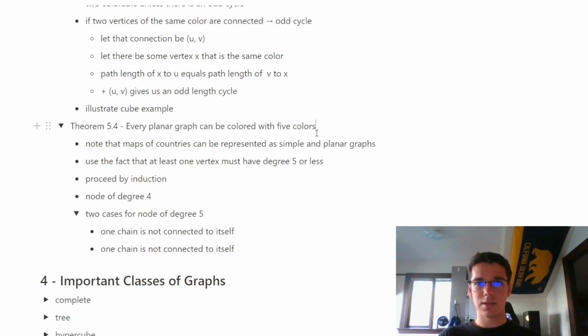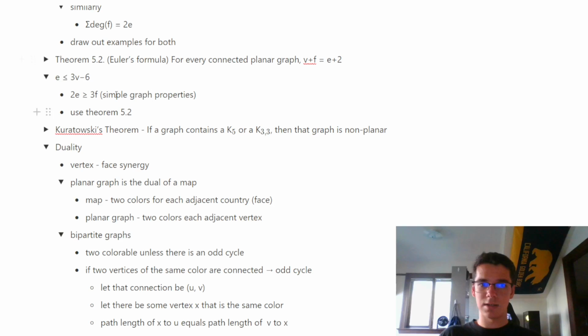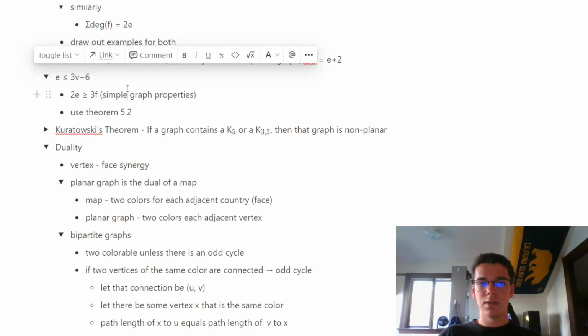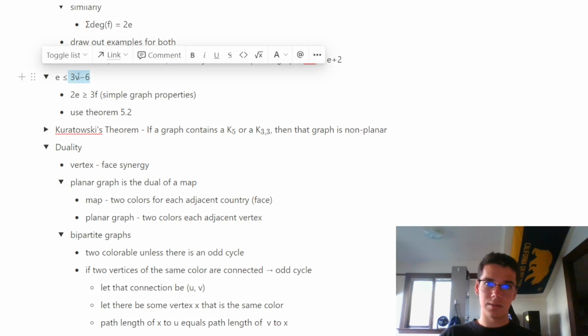I'm not entirely sure how it works, but using the equation that the number of edges is less than or equal to 3 times the number of vertices will help you arrive at that. Basically, if all vertices had degree 6, then the number of edges would be equal to 3 times the number of vertices, which is greater than this bound.